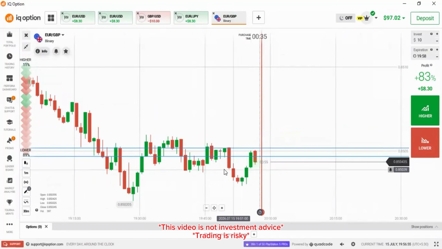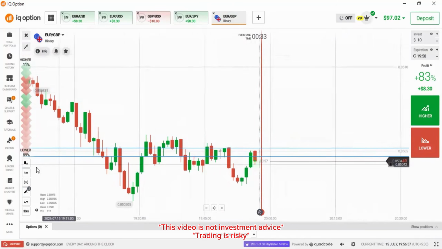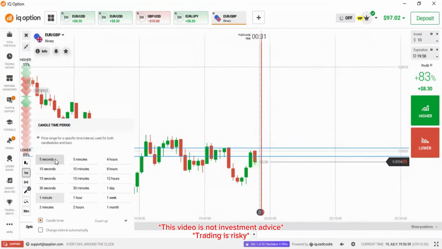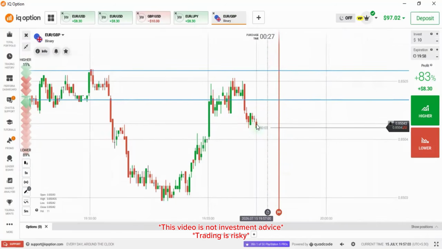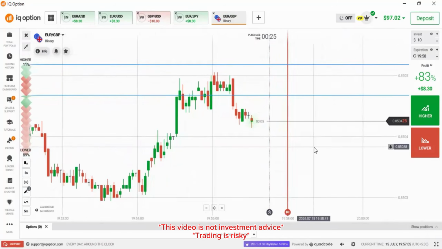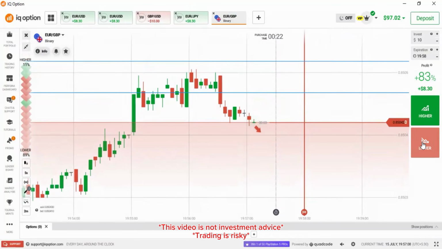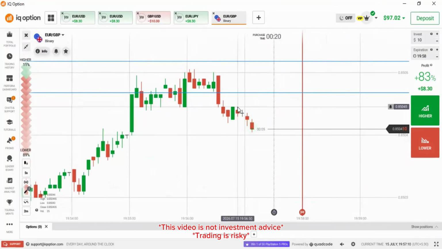So there is an order block and we are seeing a seller entry from the same order block, and it made a new low too. I think it will give me a winning trade if I enter at least from this point.